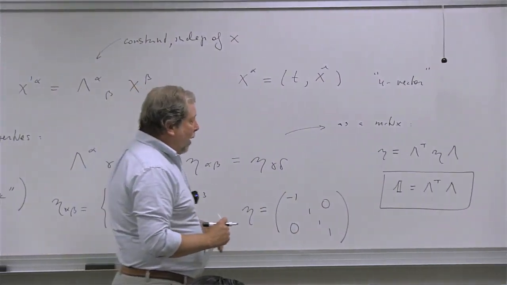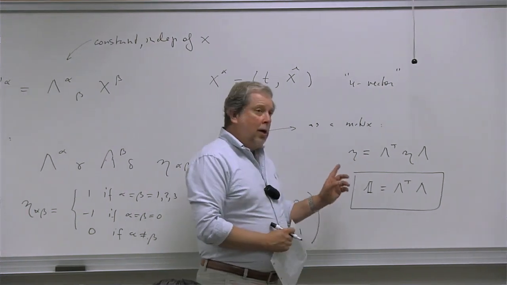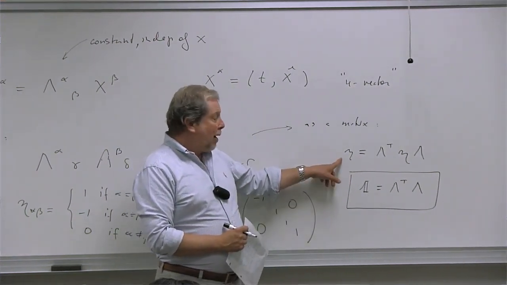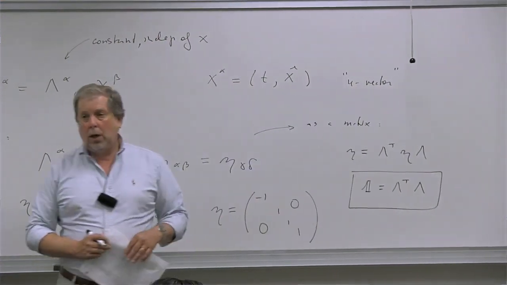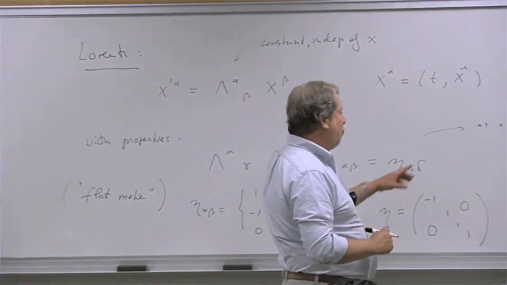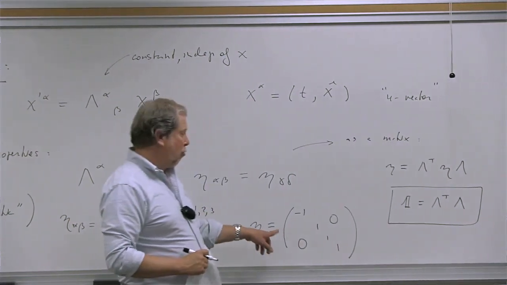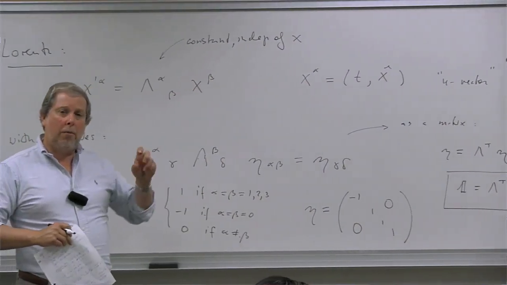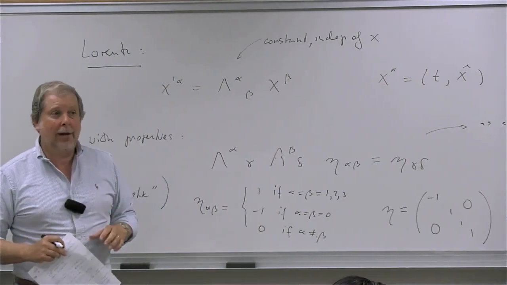So this is a long-winded way to justify and explain why when we do Lorentz transformations in real time, we have to drag this eta along. We have to drag this matrix so that the time component always gets the right sign, right?